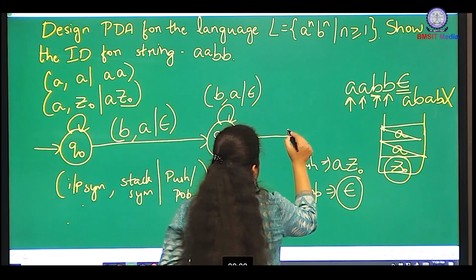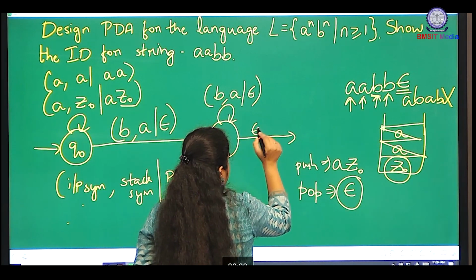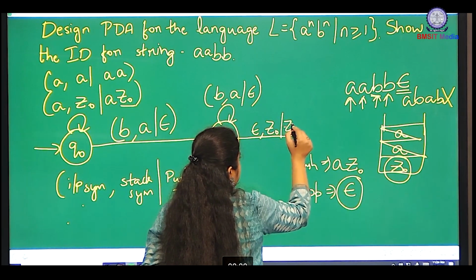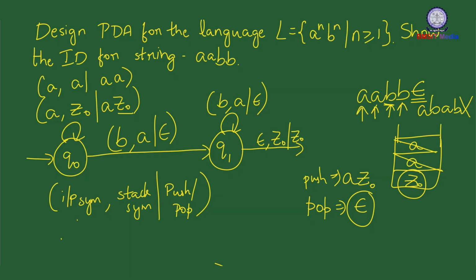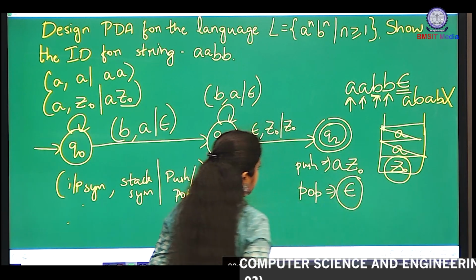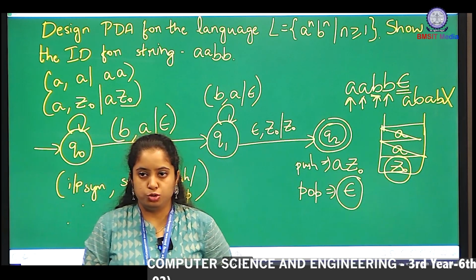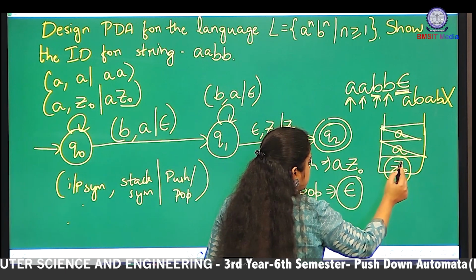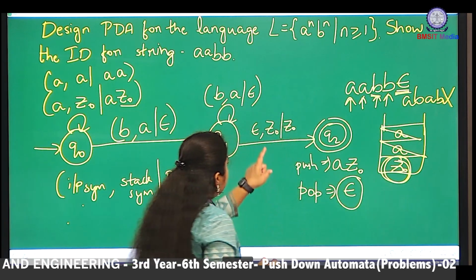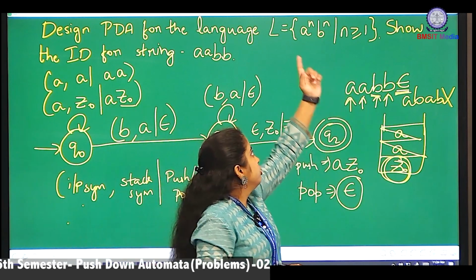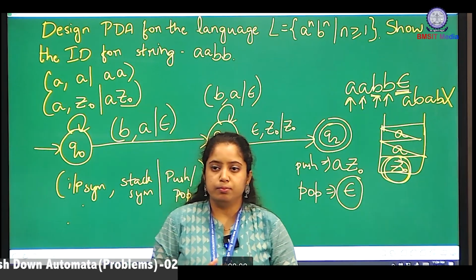So when you read epsilon and the stack contains Z naught, keep Z naught as it is and reach final state Q2. Epsilon is the input symbol and Z naught is the top stack element. You reach the final state because the string belongs to the language A power n, B power n.